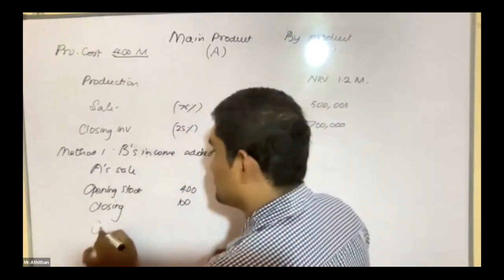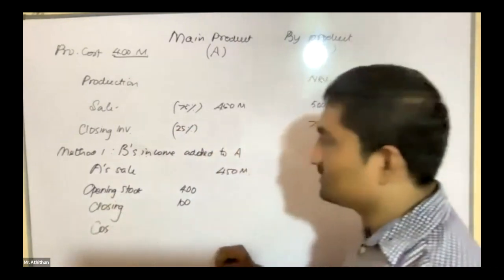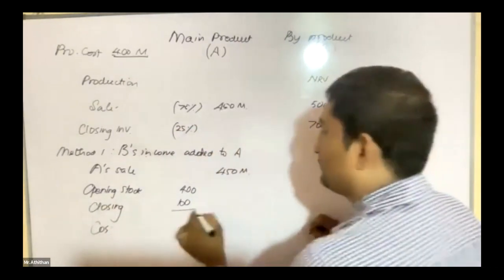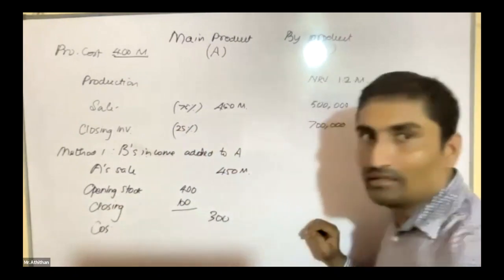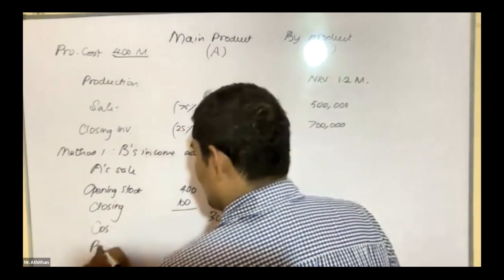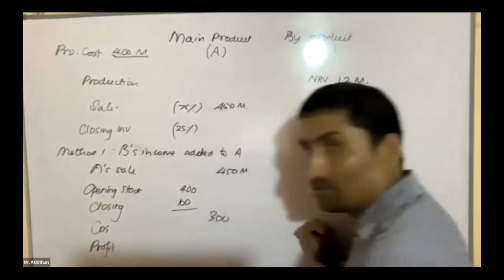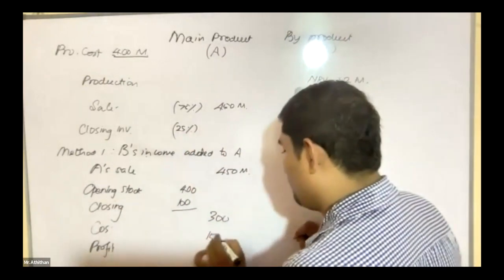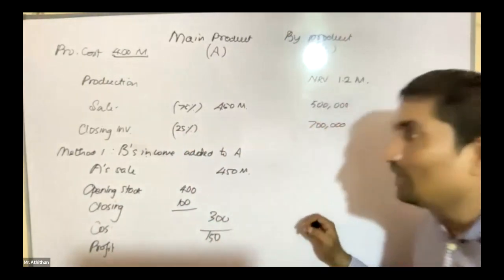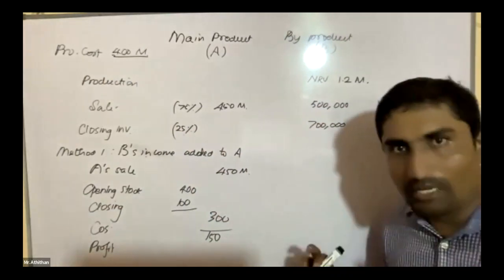So cost of sales 300. Profit 150. Okay. So this is normal.